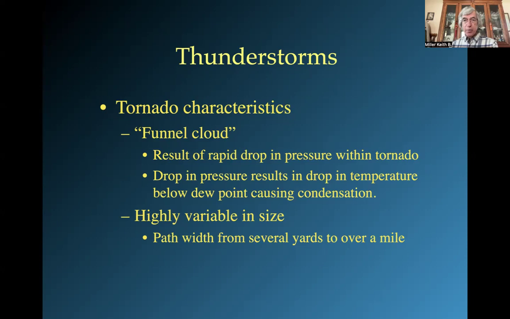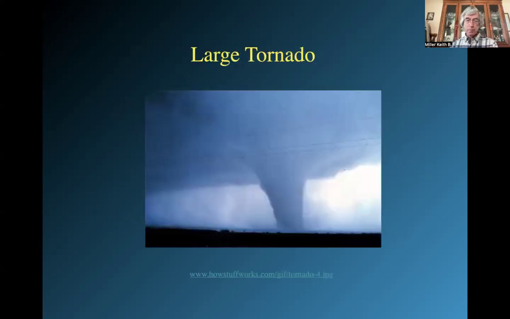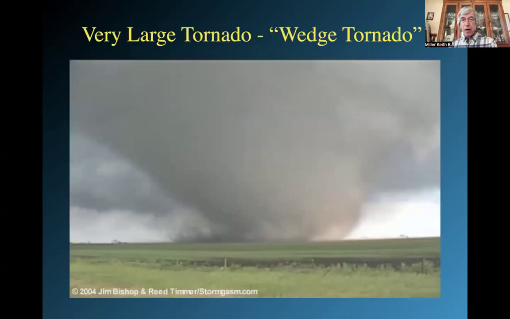Tornadoes are highly variable in size and destructive power, from very weak tornadoes that are only several yards across to ones that are over a mile across. So here's kind of a typical looking large tornado with a very prominent funnel cloud. This is a very large tornado, what are called wedge tornadoes.